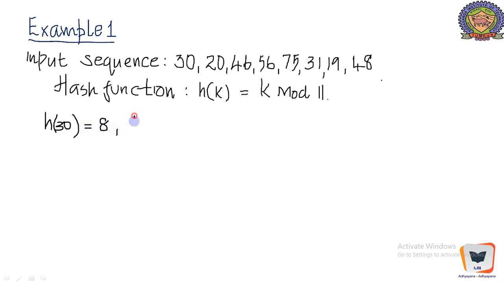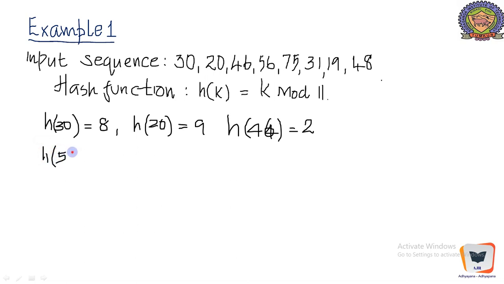Similarly, h(20): 11 1s are 11 and the remainder is 9. h(46): 11 4s are 44, the remainder is 2. And h(56): 11 5s are 55, therefore the remainder is 1.